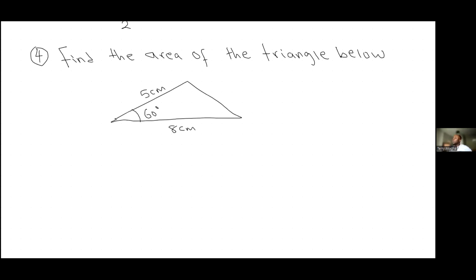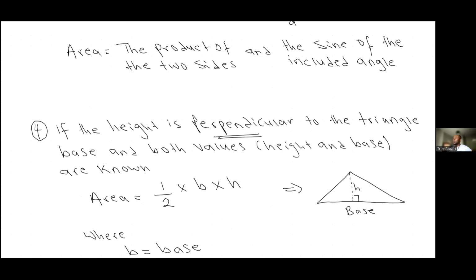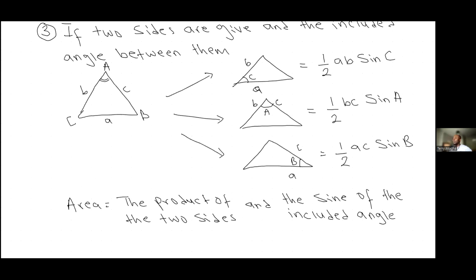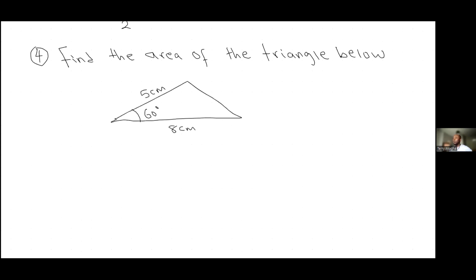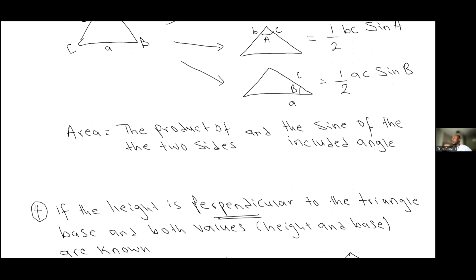So for it to be 2 sides and the angle between them, we are going to look at what? The third one, which is 1/2 AB sine C. So the product of the 2 sides and the sine of the angle between them, or the sine of the included angle. All right. So I forgot to add, the area will be equal to the product of the 2 sides and the sine of the included angle, all divided by 2.